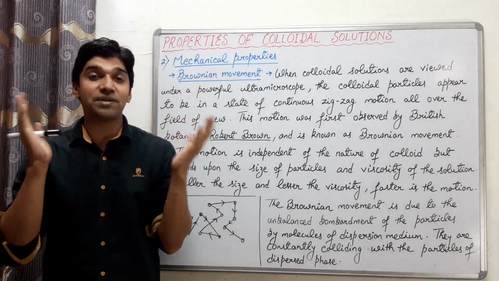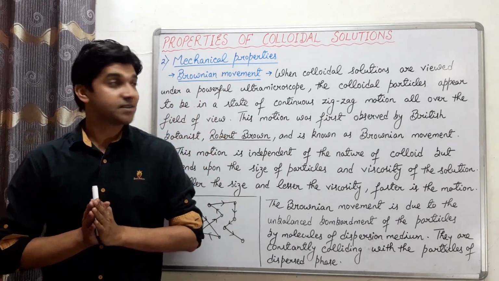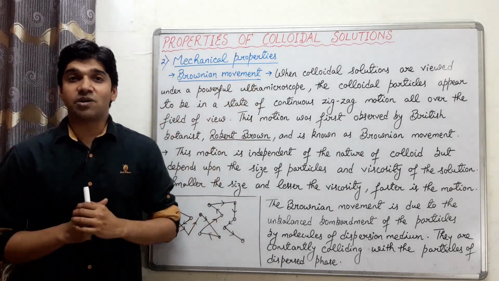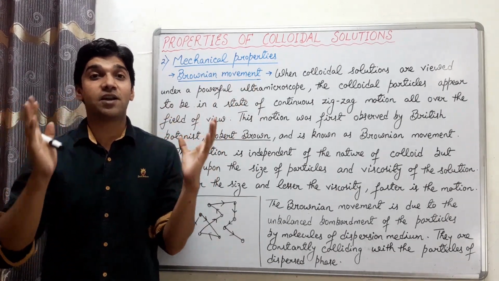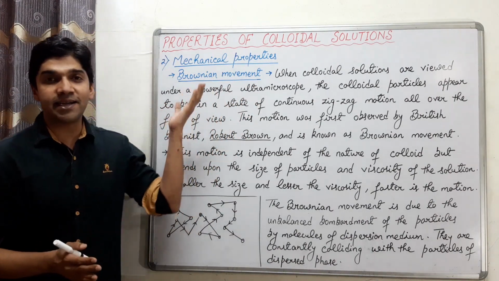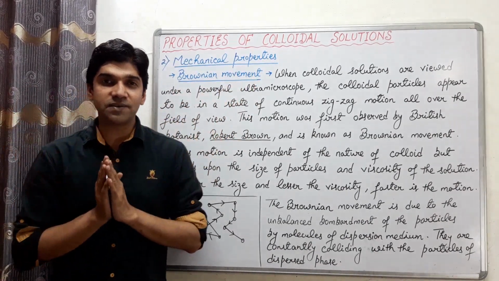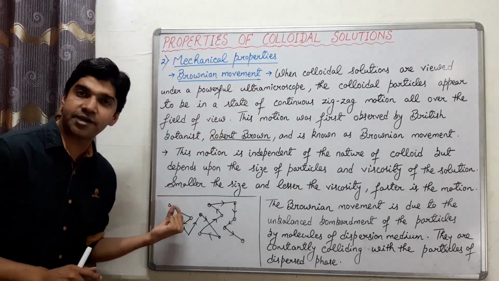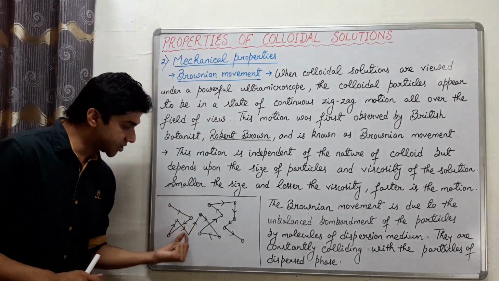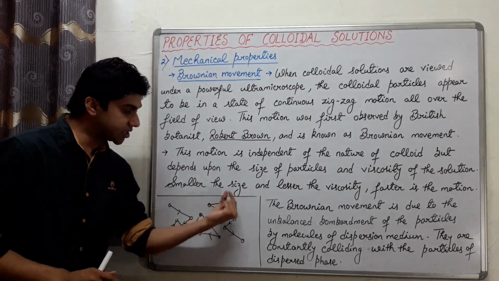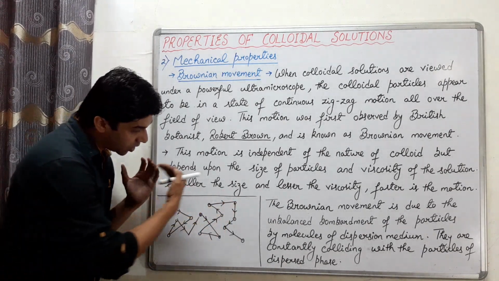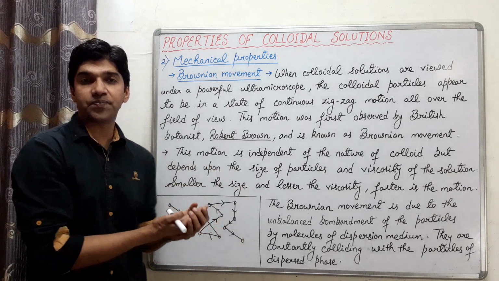What is this Brownian movement? इसको define कैसे करेंगे? So when the colloidal solution is observed under an ultramicroscope, what do we observe? We observe that the particles of colloid are in a state of continuous zigzag motion all over the field of view.